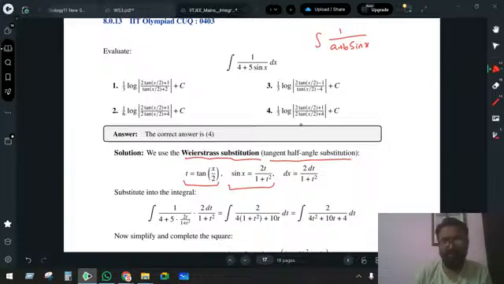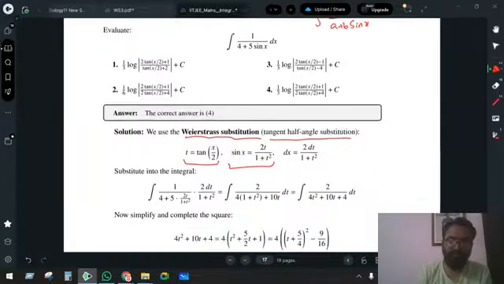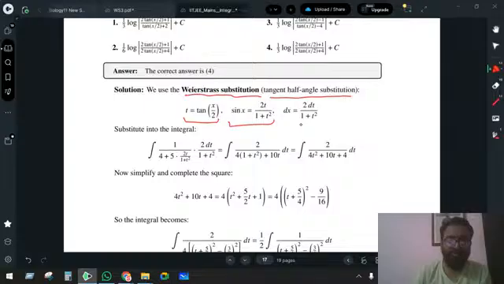It is t and dx and this is sin x. You have to remember this and directly substitute. So it is 1 upon 4 plus 5 times 2t by 1 plus t square, into 2 by 1 plus t square into dt. After simplification, you will get the result.